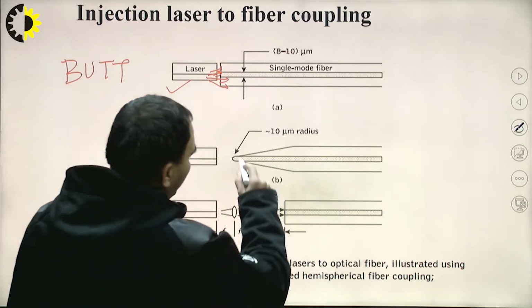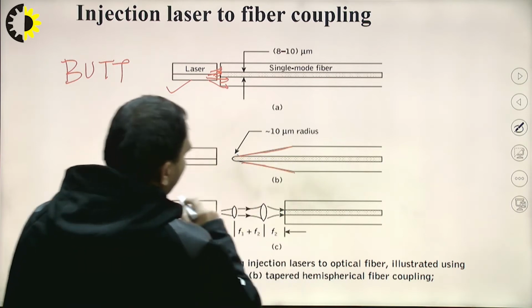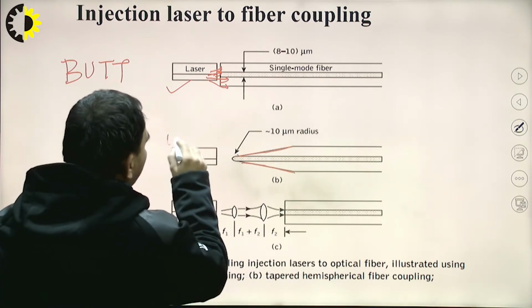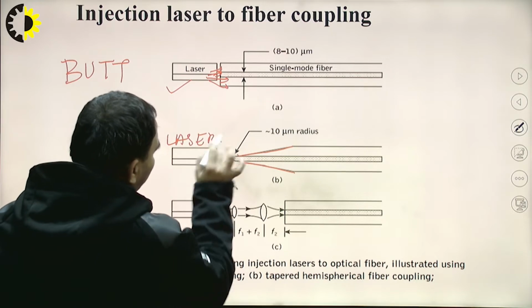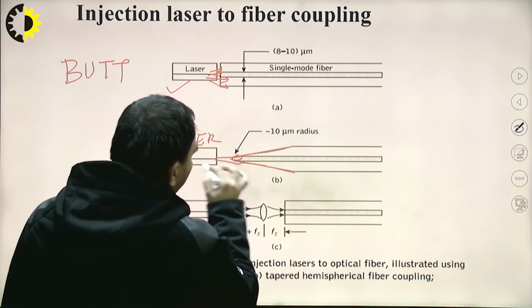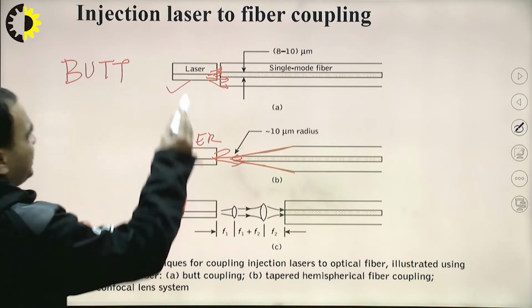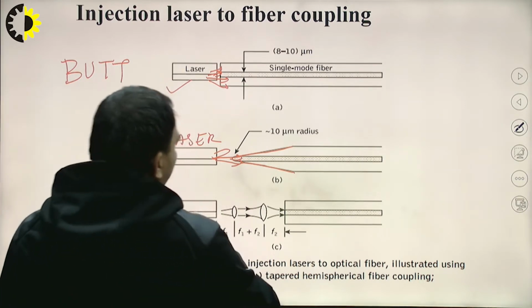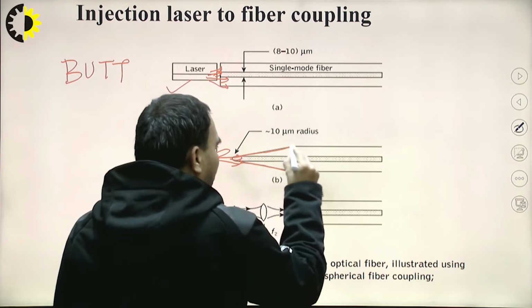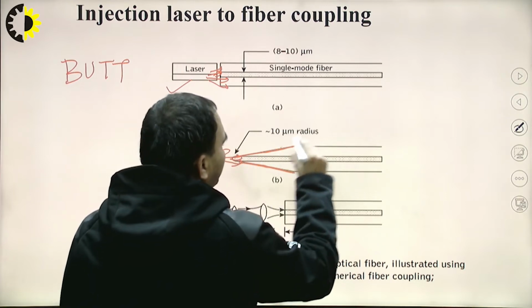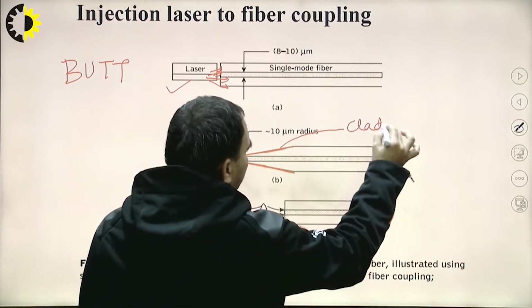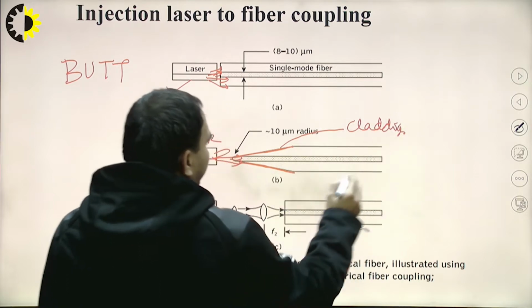Here we have the tapered hemisphere, and the light generated from the laser enters the fiber core. It is more efficient than the butt coupling, because here we have the tapering in the cladding, and here we have the core.